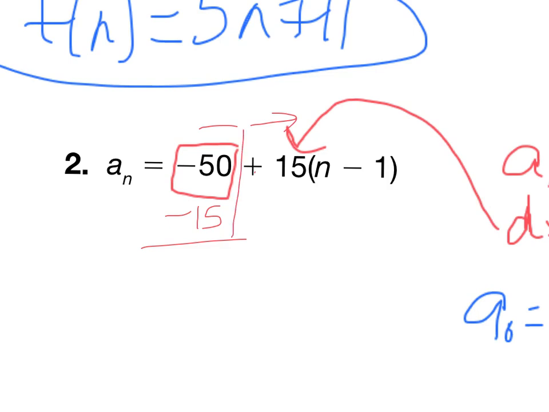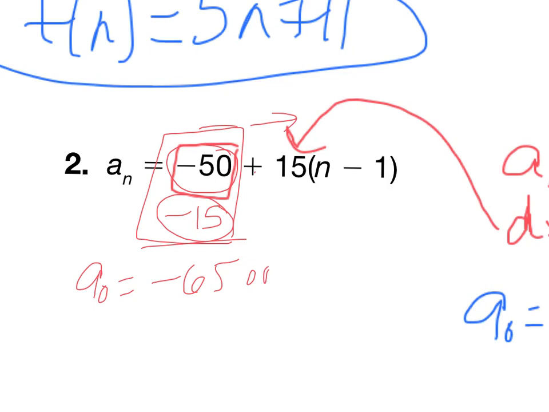So notice here these are both negatives. When you're adding negatives, you're just saying here's 50 negatives, and here's 15 more negatives, so that's 65 negatives. So that is your a sub 0, or it's also your y-intercept, or your b.